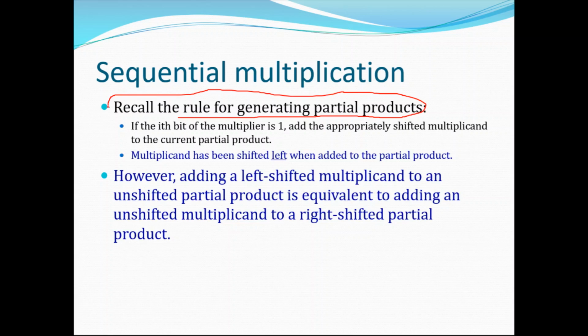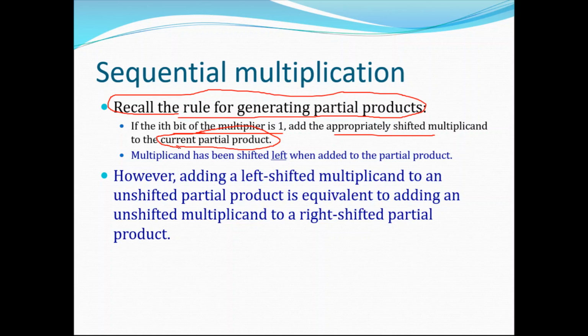From the previous understanding, if the ith bit of the multiplier is 1, then shift the multiplicand to the left by i times, and add it with the partial product. This is the rule. Based on this rule only, the combinatorial circuit works.